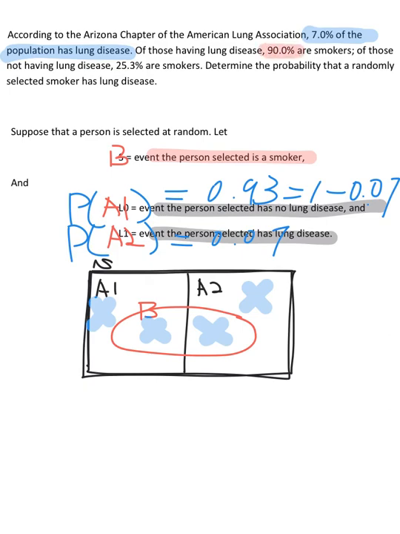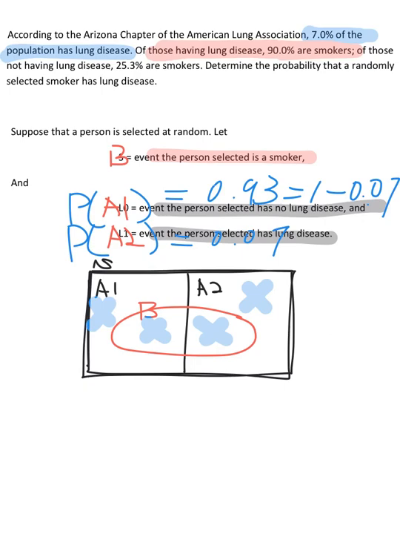90%. What is 90%? Of those who have lung disease, 90% of them smokers. It looks like conditional probability, isn't it?